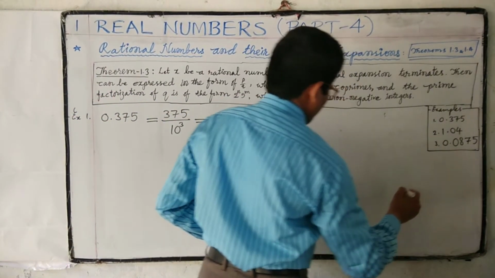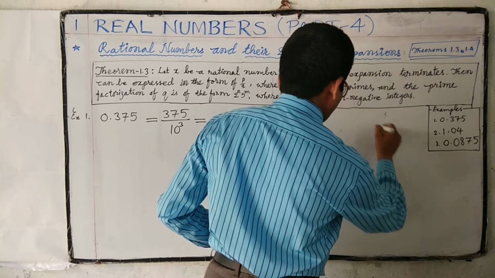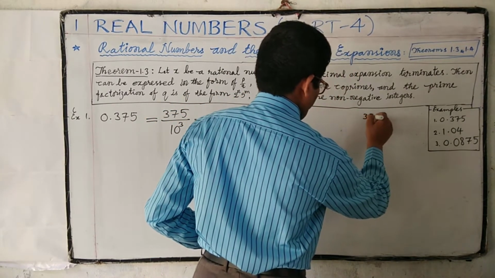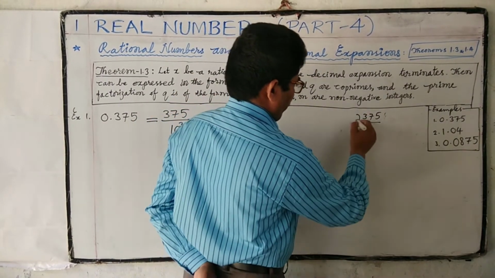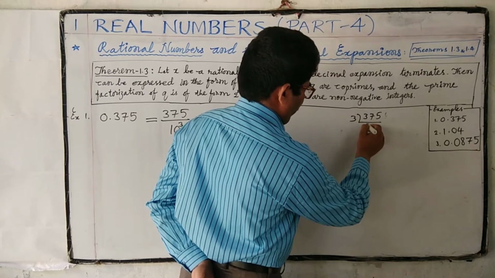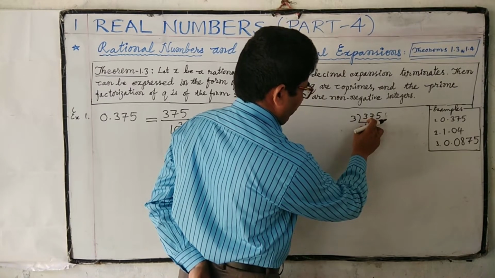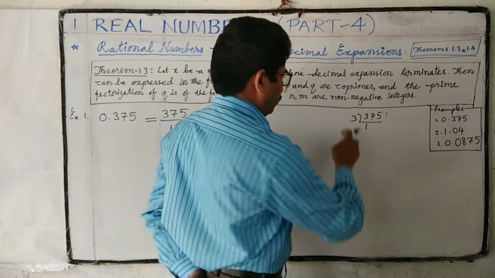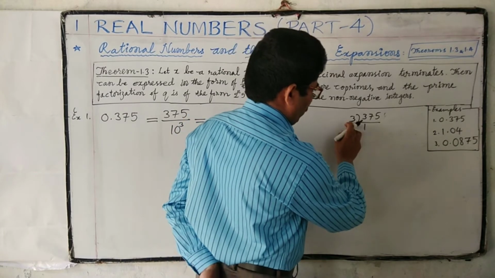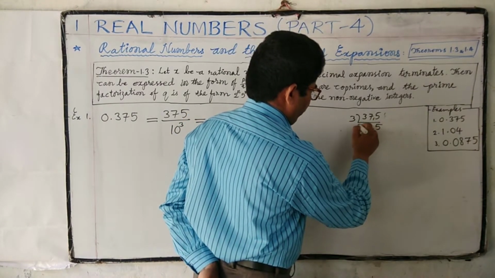We have to write 375 as a prime factorization. Try 3 first: 3 ones are 3, 3 twos are 6, 3 fives are 15.